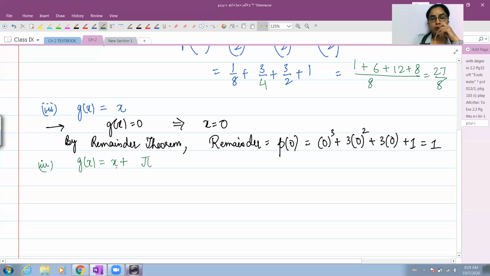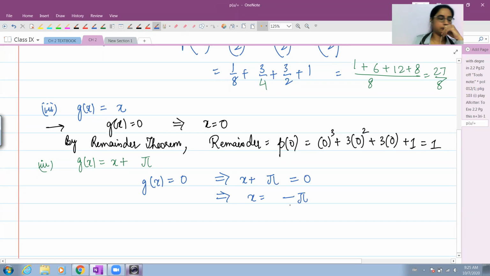Okay, so now we have gx equals to x plus pi, and I've told you you have to use pi as such. You don't have to use the value of pi. Just work with x equals to negative pi. The first step is to take your divisor equals to 0. So x plus pi will be equal to 0. This means x equals to negative pi.